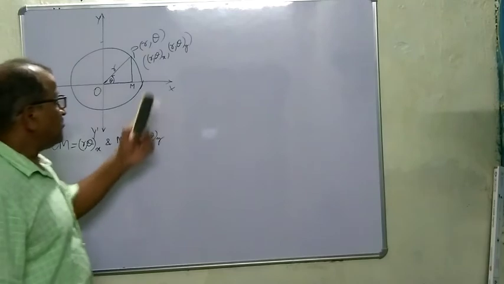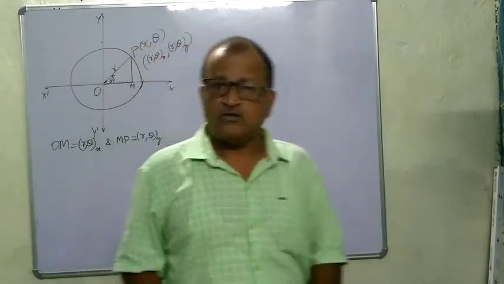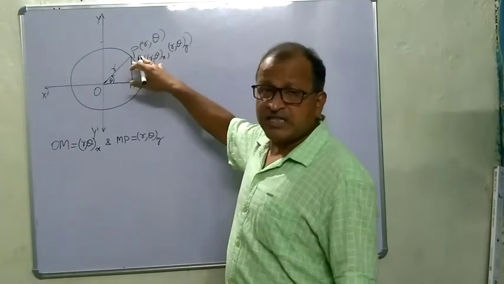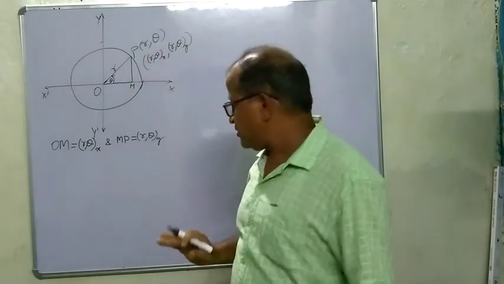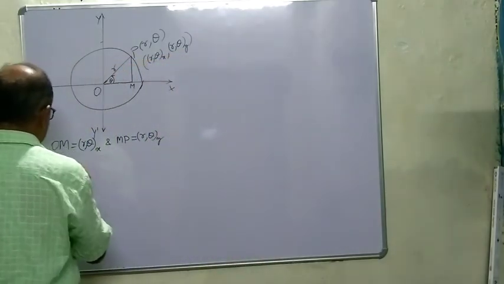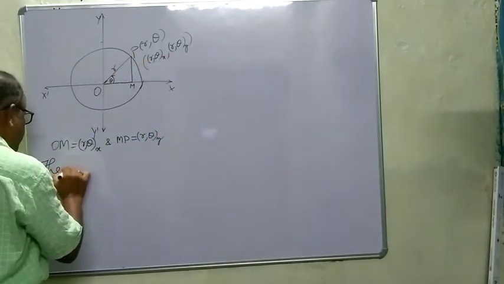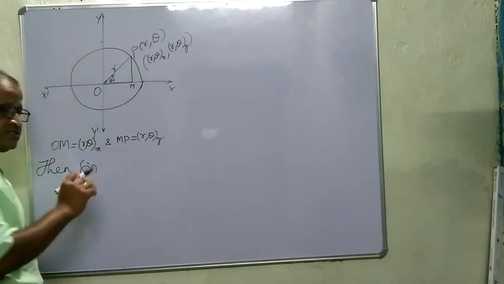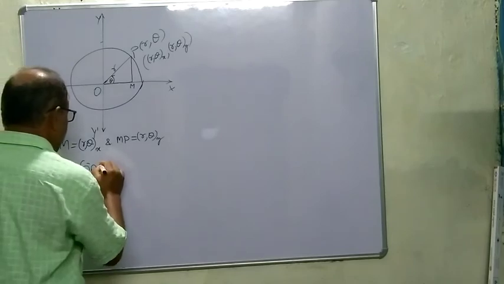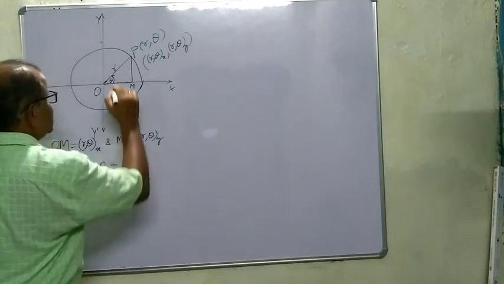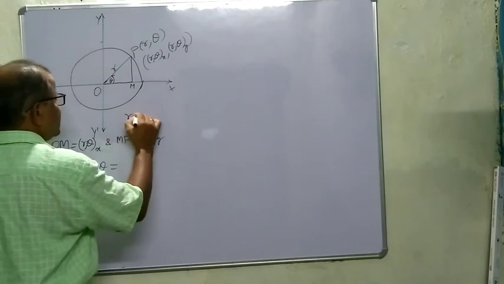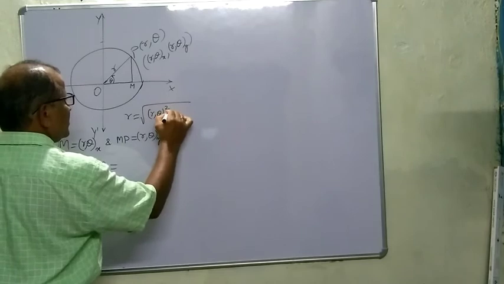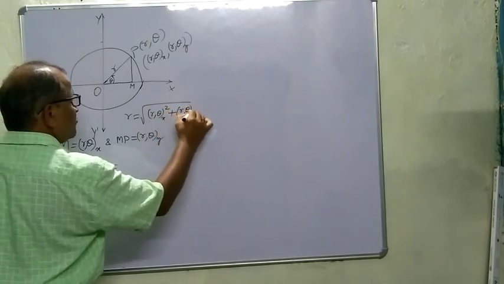From polar coordinates it is r theta. In Cartesian coordinates, suppose it is r theta x, r theta y. Then the sine function of theta. Sine theta is equal to, what is r? Here r is equal to the square root of r theta x square plus r theta y square.